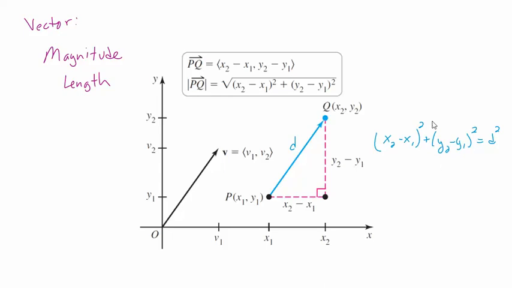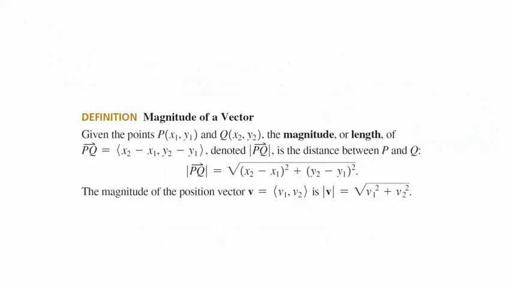Do the square root of both sides, and you get this. And that is the magnitude. So the magnitude of PQ is denoted with these absolute value signs. But we don't say absolute value, all right? We read that as the magnitude of PQ. Simply the length.